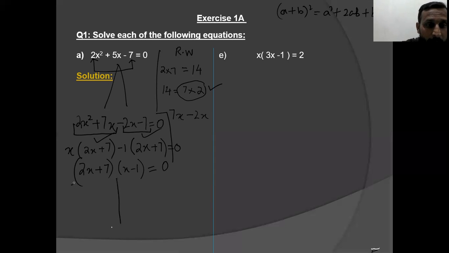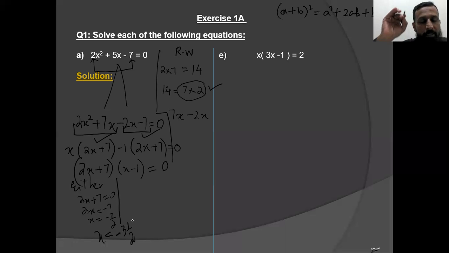In the first column, either 2x plus 7 is 0, shift this 7 on the other side, 2x is equal to minus 7, x is equal to minus 7 upon 2, or I could write it as x is equal to minus 3 over 2, minus 3 whole number 1 over 2.